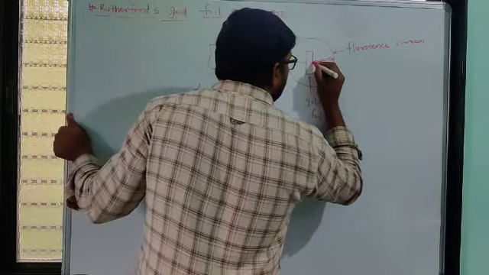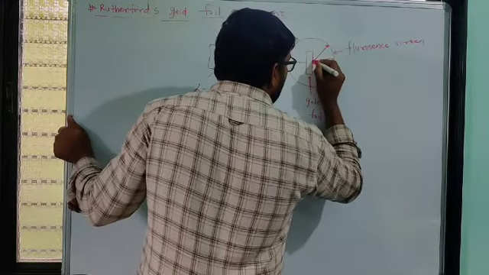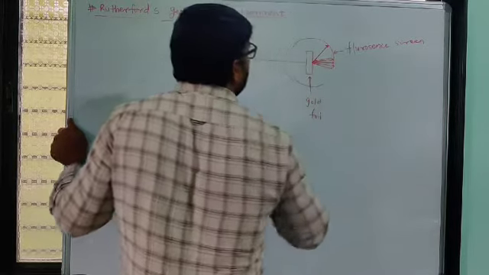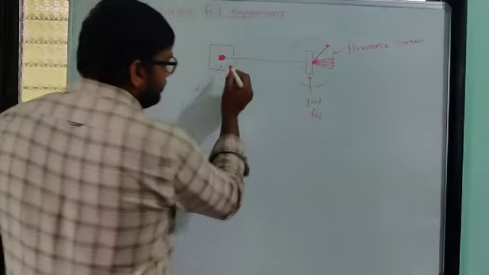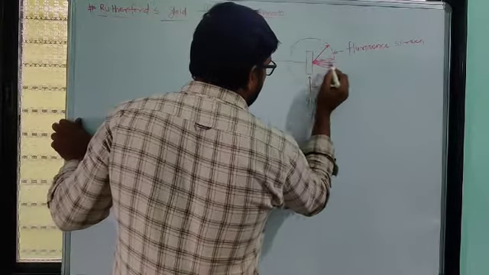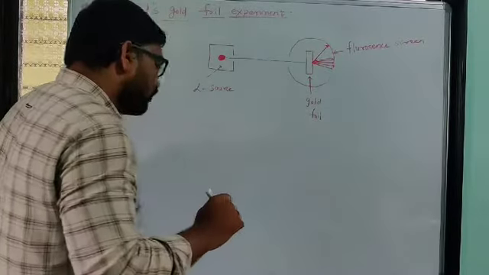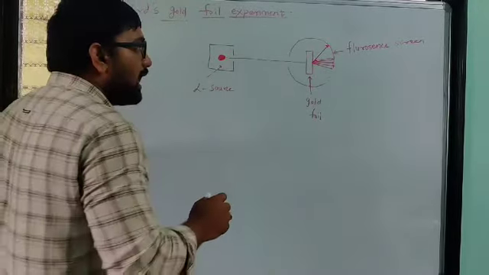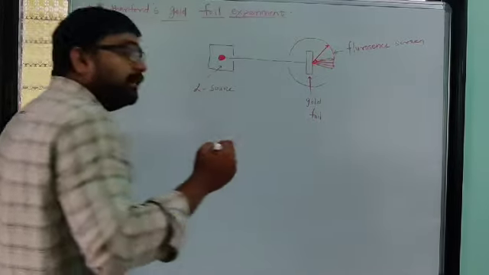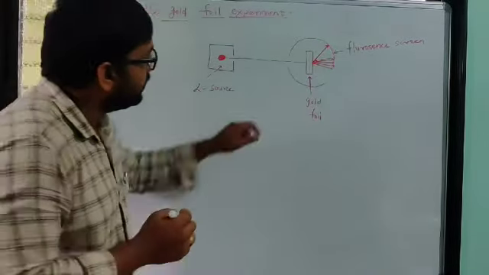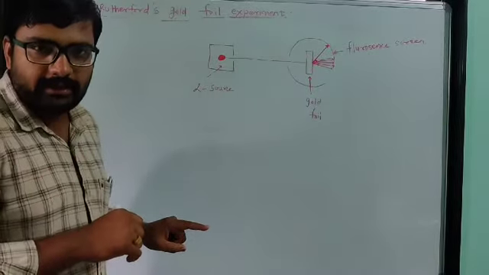He also made another prediction: a very small number of alpha particles deviate from their path. Actually, this is the path of the alpha particle. They should go straight, but a very small number of alpha particles are deflected through some small angle.